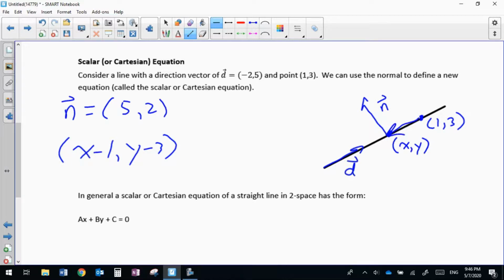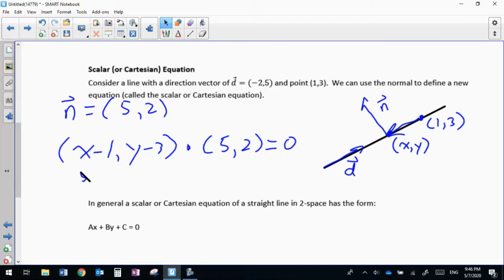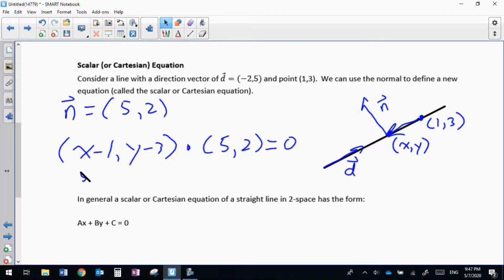It is also perpendicular to the normal, meaning if I dot it with 5, 2, I will also get 0, just like when I dotted D with n, I got 0. But now I have variables here where x and y are any point on the line. We'll expand this using the dot product. You get 5x minus 5. Oops, just give me a second here. Sorry.